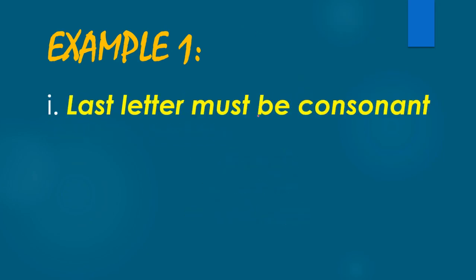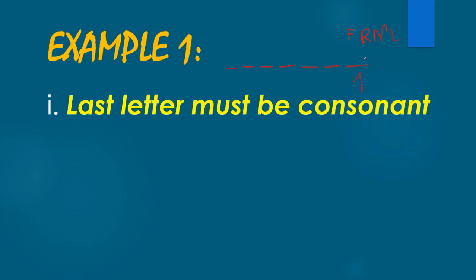And the next, if the last letter must be consonant, so again we have 7 spaces. So if the last letter must be consonant, it could be F, R, M, or L. So we have here 4 possible letters to be used.